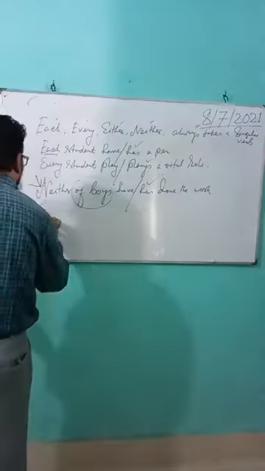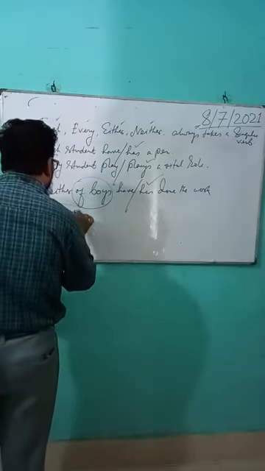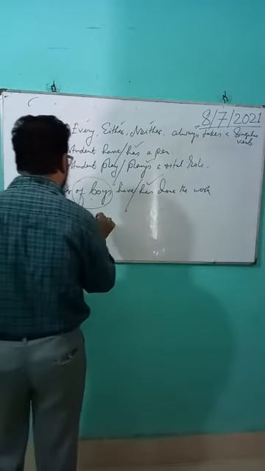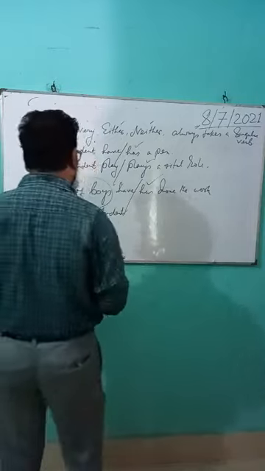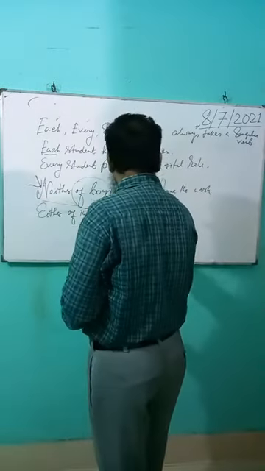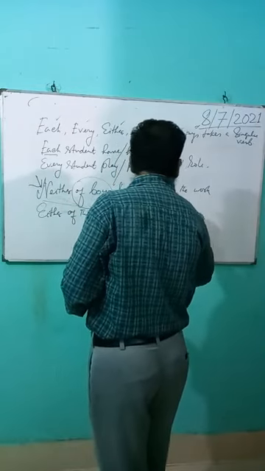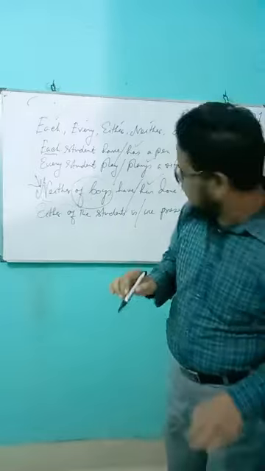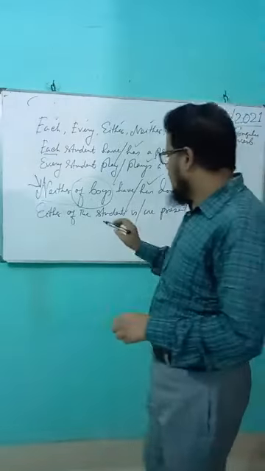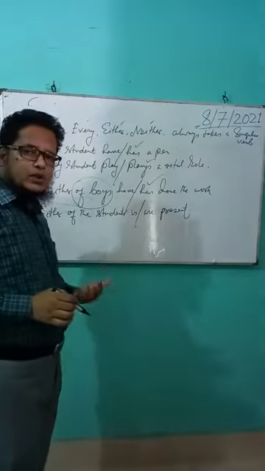Again, either of the students is or are present? Okay, either of the students is present or are present. Which one will be correct?